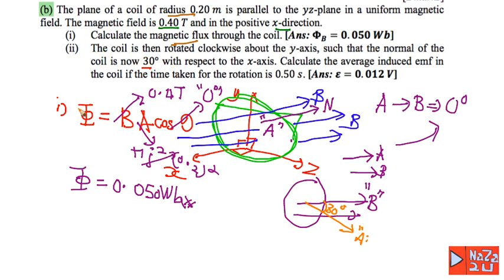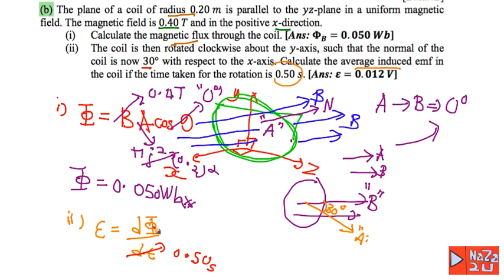So if you calculate the induced EMF for number 2, the induced EMF is equal to the rate of change of flux. The time dt is 0.050 second.